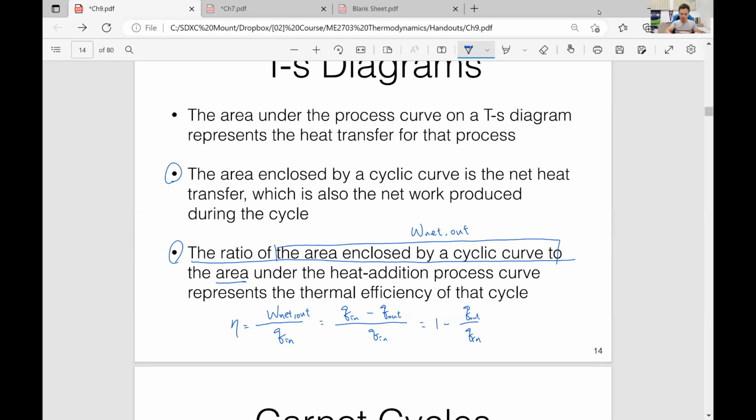The area under the heat addition process curve is actually Q in. So the ratio of these two areas, one is the net work output, the other one is Q in, and their ratio is efficiency.